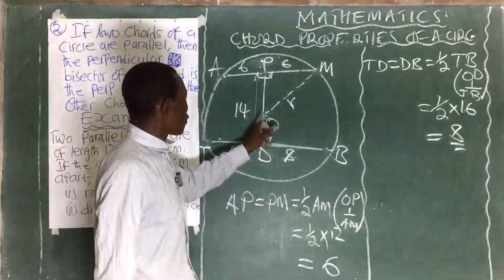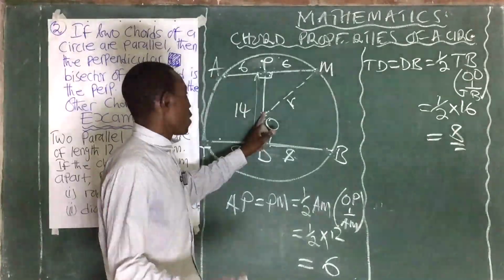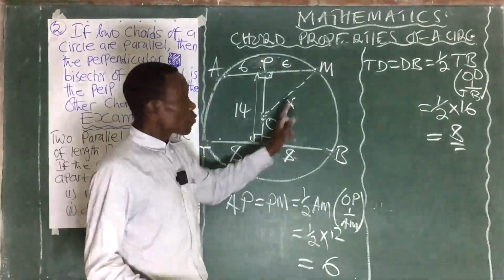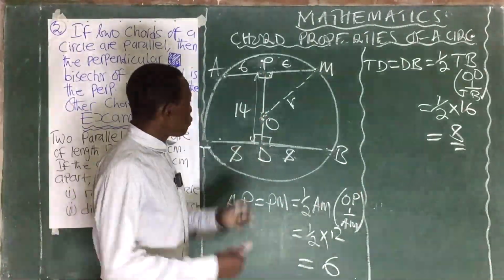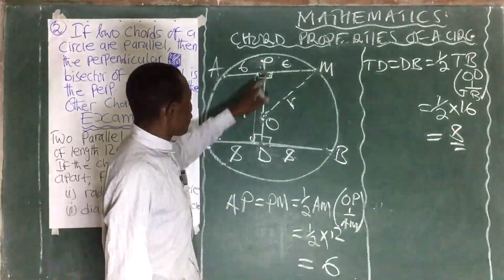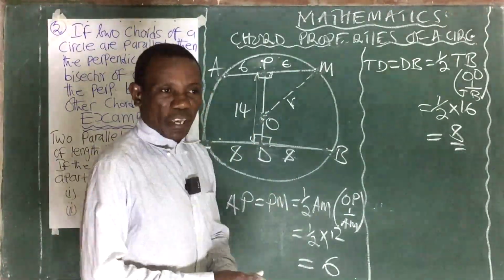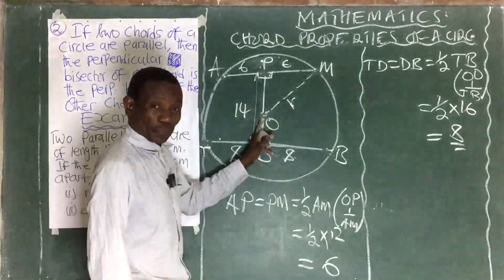But here, we don't know the value of PO. Had we known the value of PO, we would have used Pythagoras to say this squared plus that squared gives us R squared. So we don't have the value of this side, which is PO. Let us try to find the value of this side. If it is possible, we find it, then we complete the Pythagoras. So now, how can I find the distance from here up to that?